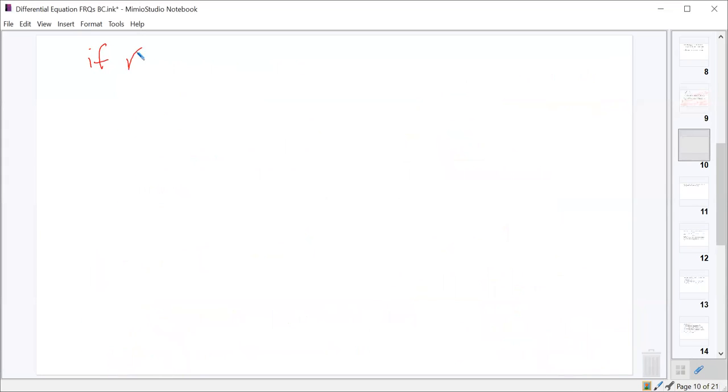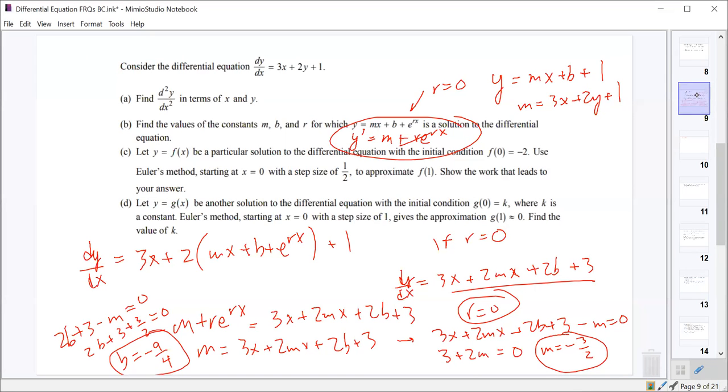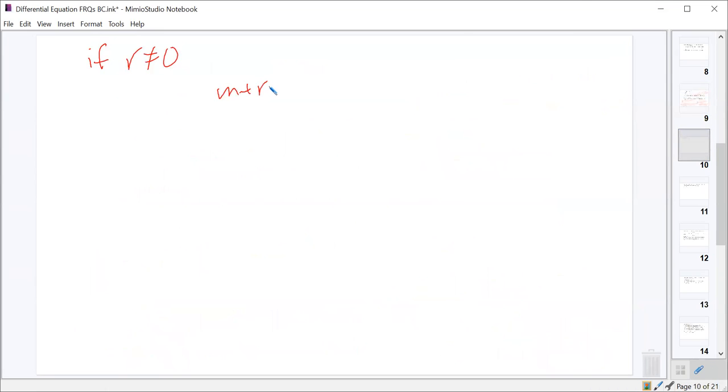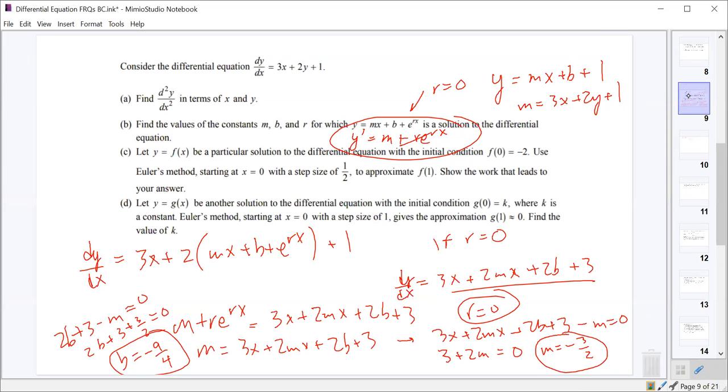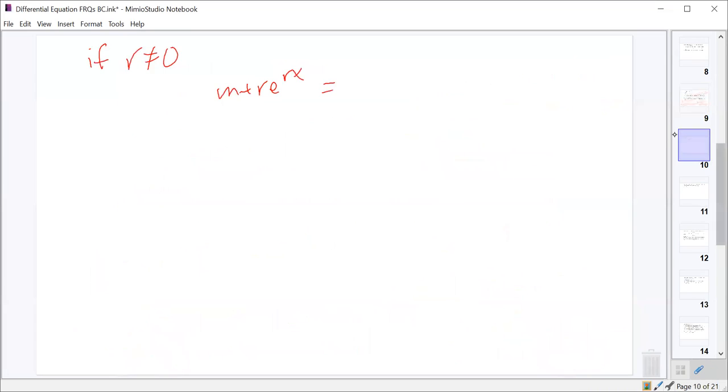So we want to say if r does not equal 0, what did I have over here? I had m plus r e to the rx equals 3x plus 2mx plus 2b plus 3. And so if we don't let r equal 0, then, let's see here.